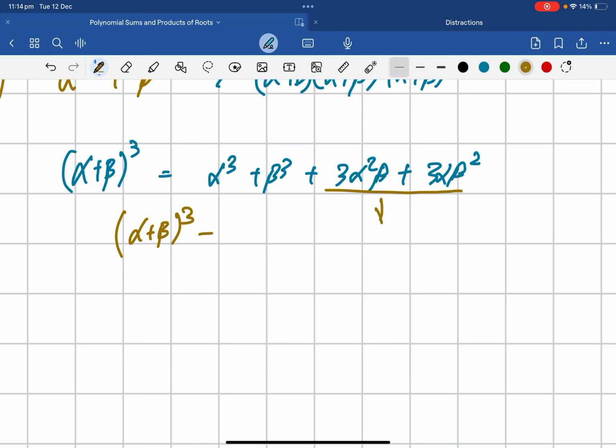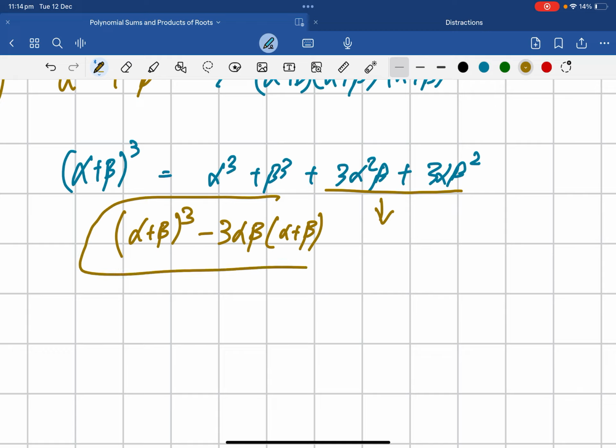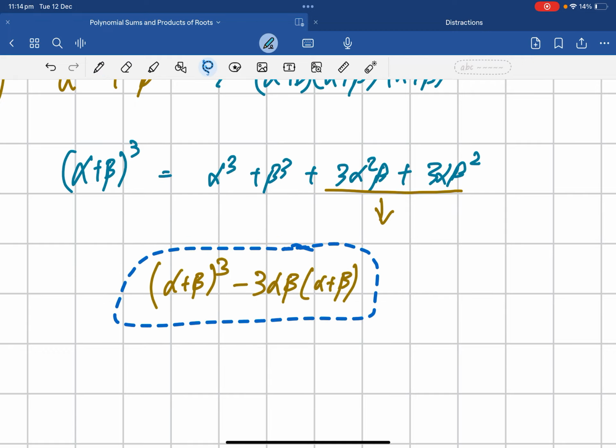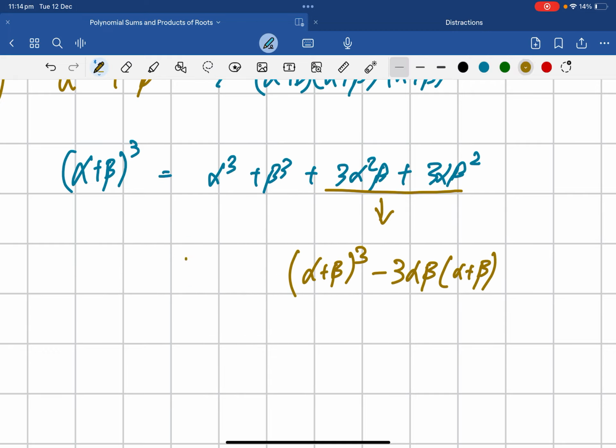But this 3 alpha squared beta, you can write it nicely by writing alpha beta and writing it as, well, just alpha plus beta. So minus 3 alpha beta, alpha plus beta, and that is what the identity stands for.